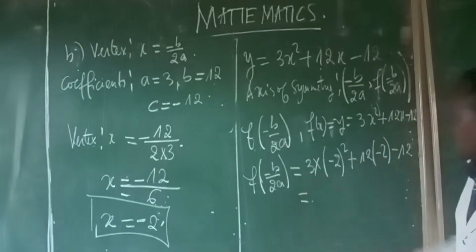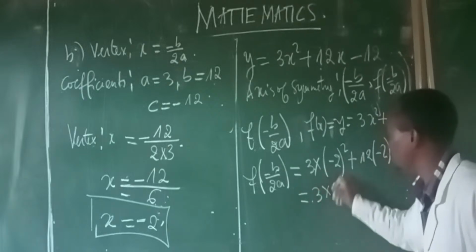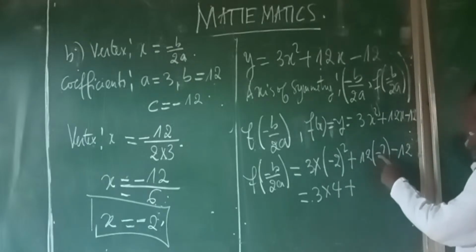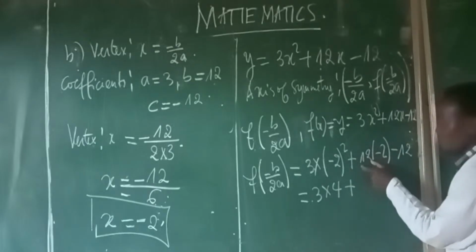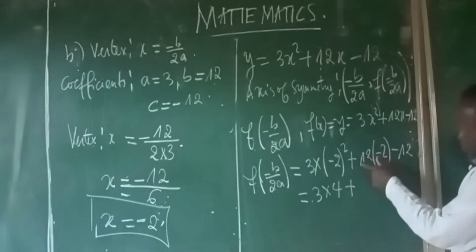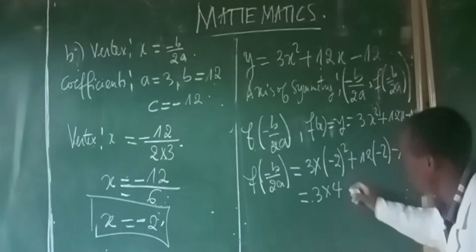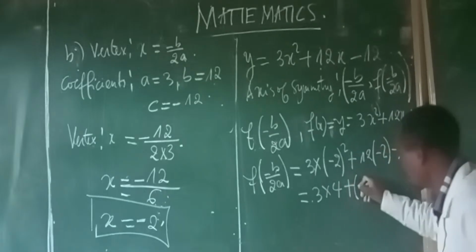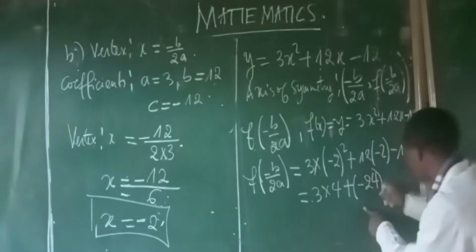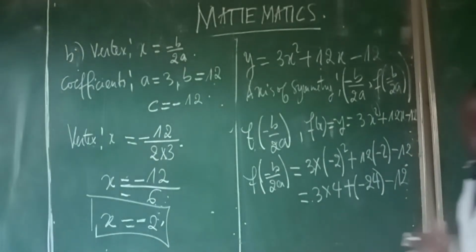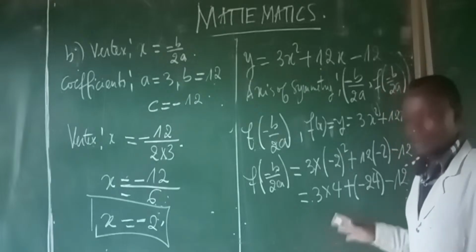Then it is 3 times 4 plus 12 times minus 2, which is minus 24, minus 12. Are we together here?